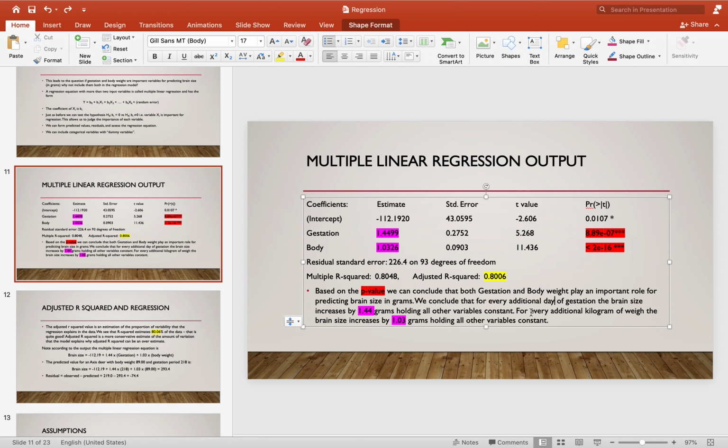And we conclude for every additional day of gestation that brain size increases by 1.44 grams, holding all other variables constant. And for every additional kilogram of weight, the brain size increases by 1.03 grams, holding all other variables constant.